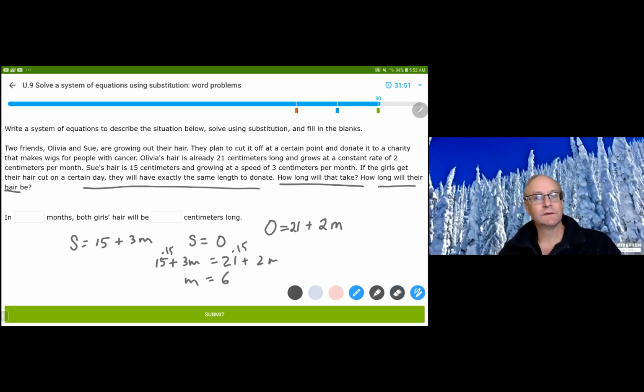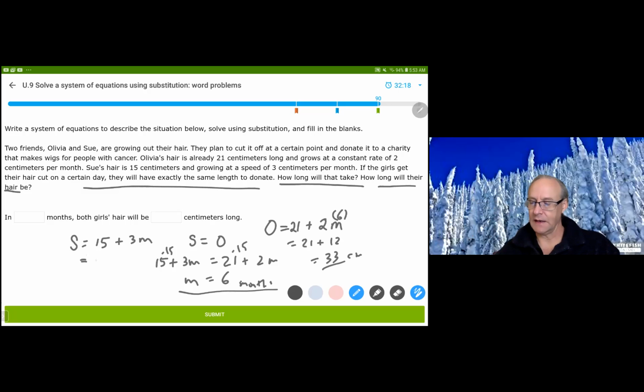6 what? 6 months. Now, we suspect that they're going to be the same after 6 months, but how long will that be? Let's take a look. Olivia is then going to have 21 plus 12, which is 33 centimeters. You really do want to write it in and actually do the problem instead of just checking it in your head.